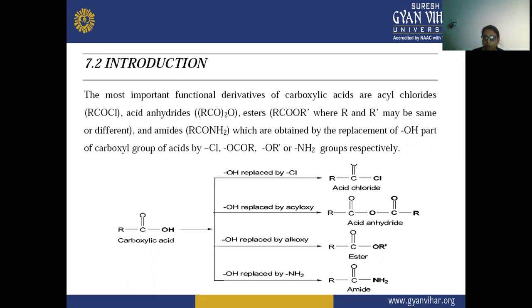So how are they formed? The most important functional group derivatives of carboxylic acid are acyl chloride, acid anhydride, esters, where the formula is RCOOR', where R and R' may be the same, and amides.